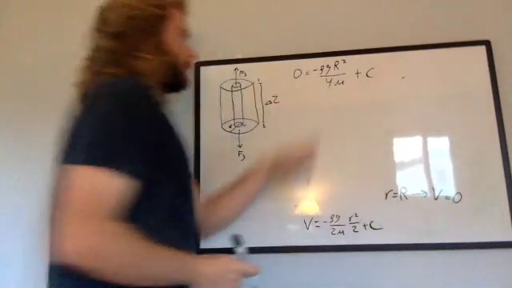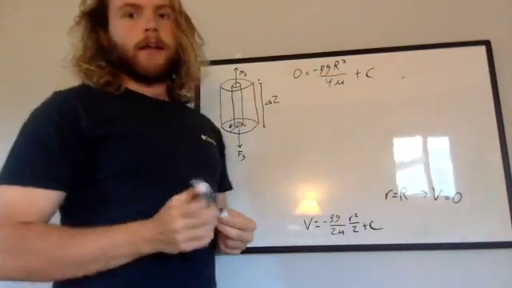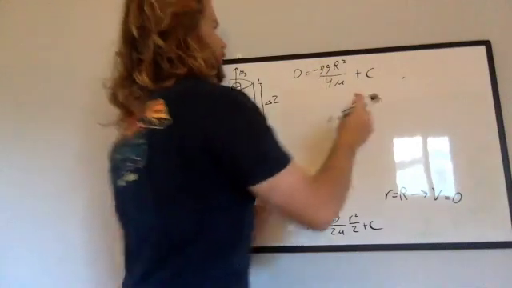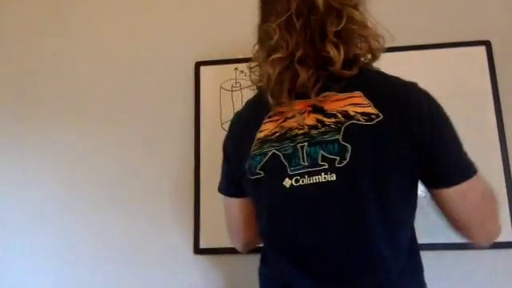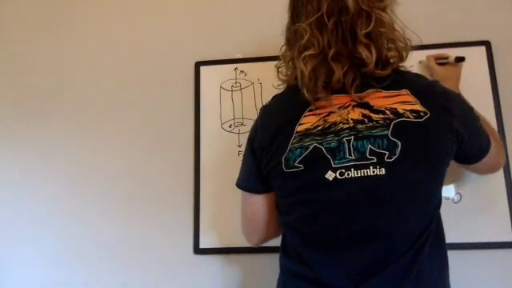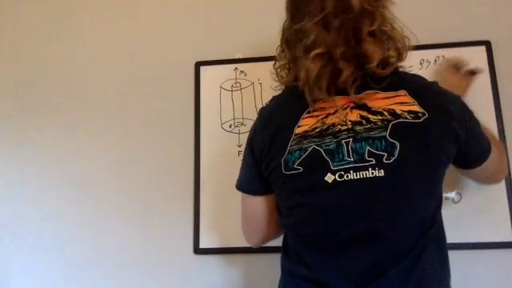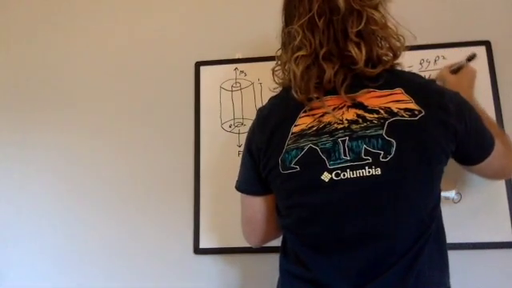And then all we really have to do is add this expression to both sides, and that is going to give us our expression for c right here. So C is going to be equal to rho g big R squared over 4 mu.